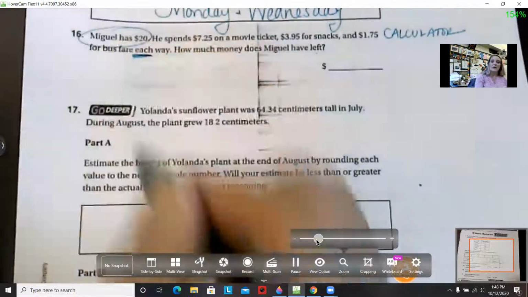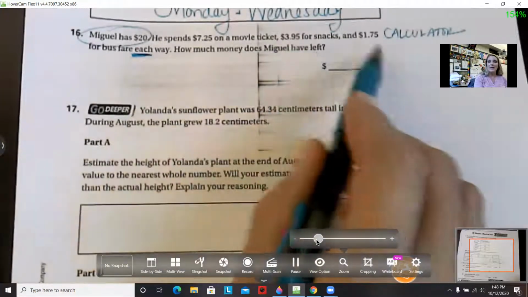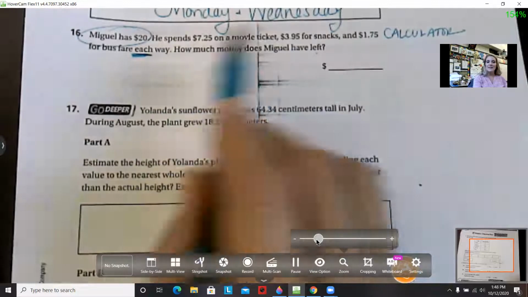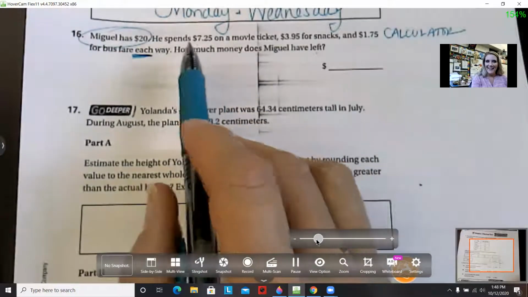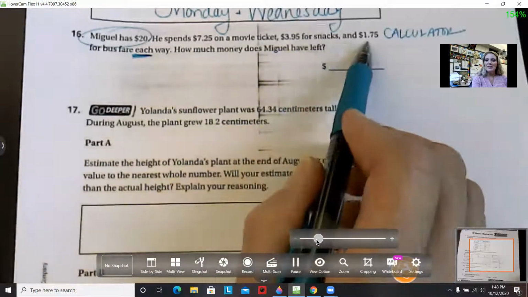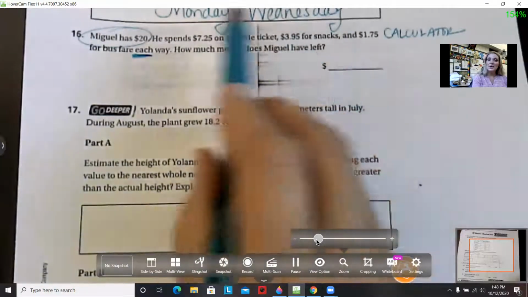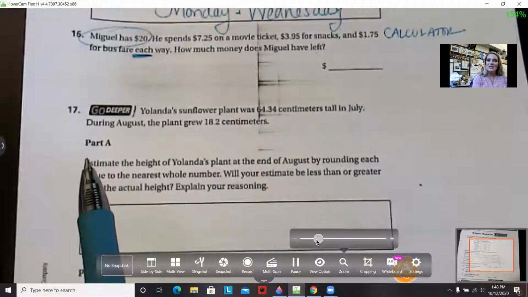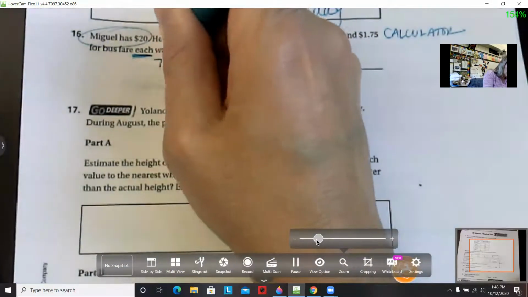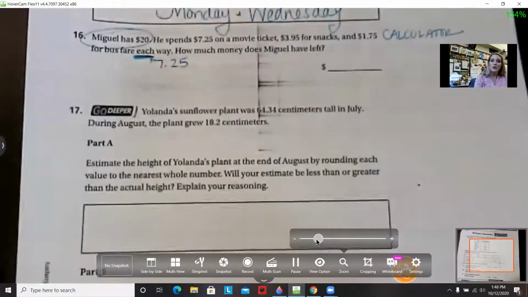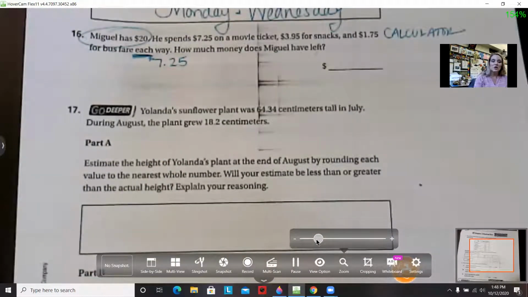Remember, he has $20 to start off with, and he's spending all this money. And what do you think our first step is? Add up everything he spent, and then we'll have to subtract that all from $20 to see his change. Okay, so let's take our 4 numbers. I want to see your work, although you could use a calculator, but we're going to show what we're doing now.